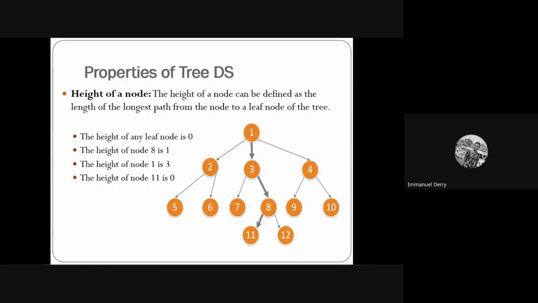I can't see 2. If 11 is 0 and the 8 level is 1, then the 3 over 2. There's no indication. I know it's 2, but there is no indication over there. That's why I'm just asking.